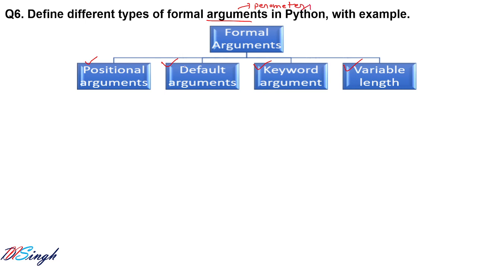So positional, default, keyword, and variable length are the 4 types of argument, and we are talking about the values which we pass inside the function parentheses. This can be done in 4 ways.